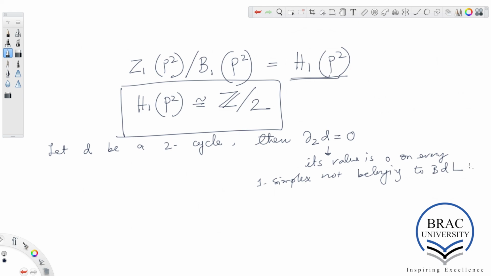In other words, del 2D is carried by the boundary of L trivially. And once del 2D is carried by the boundary of L, 2 applies.